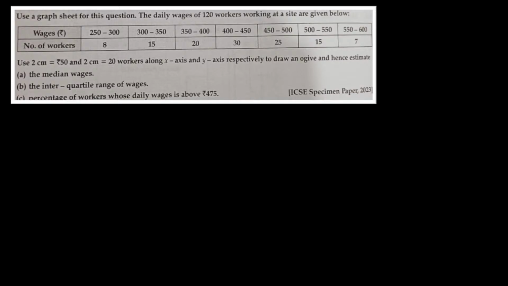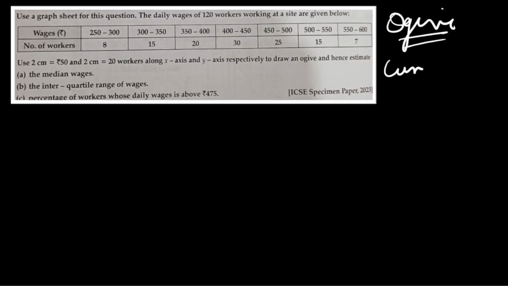So next we have to find the median. Median related, one or two questions I will do, and then I'll be giving you practice questions. Okay, let's do this. For finding the median, we have to draw the ogive curve.